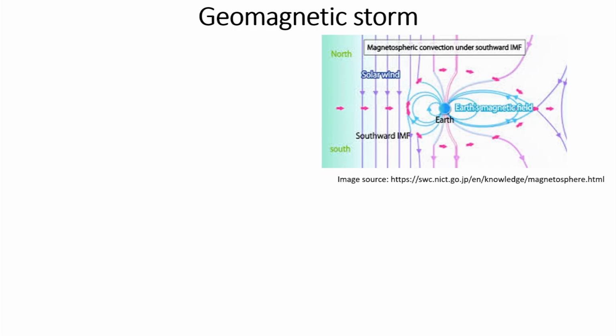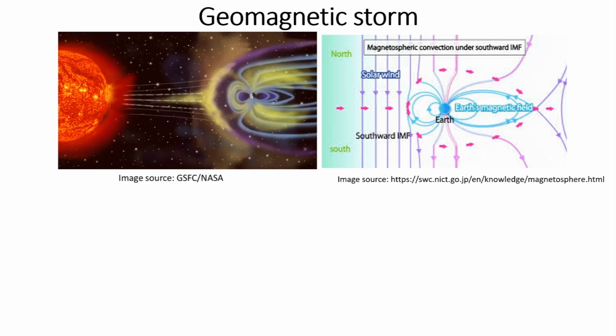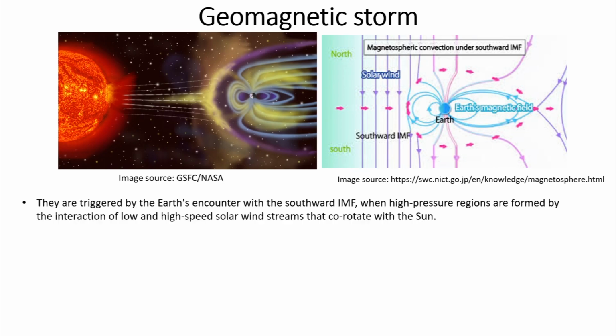Here we are considering a southward IMF, and this gives me another view to understand how the solar wind gets coupled to our Earth's magnetosphere.